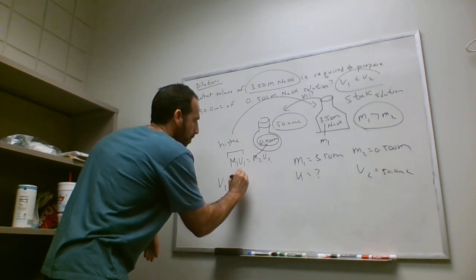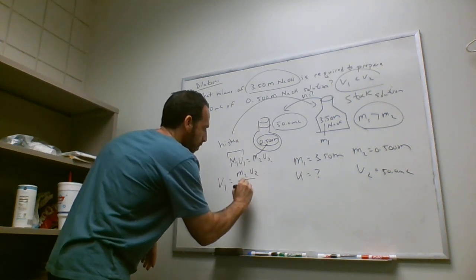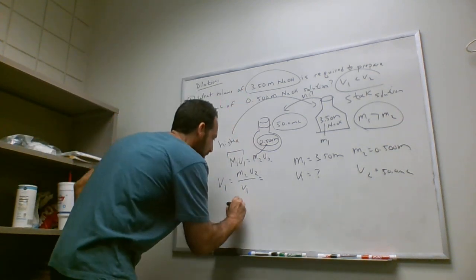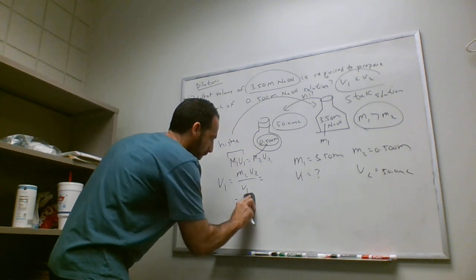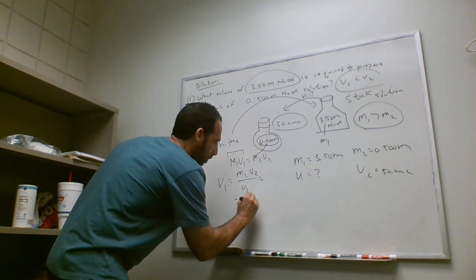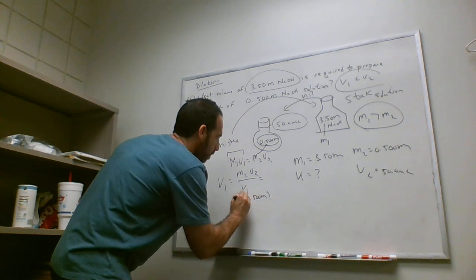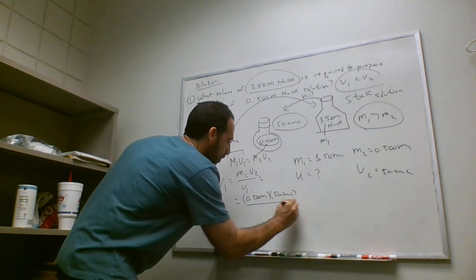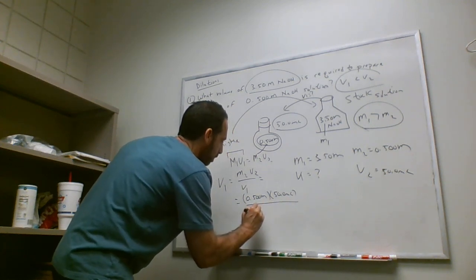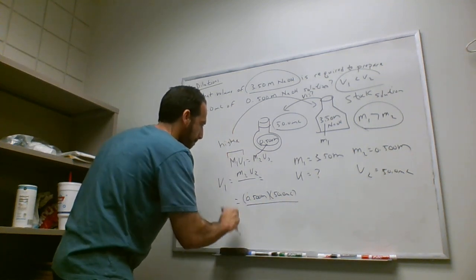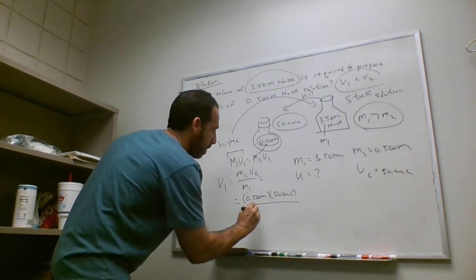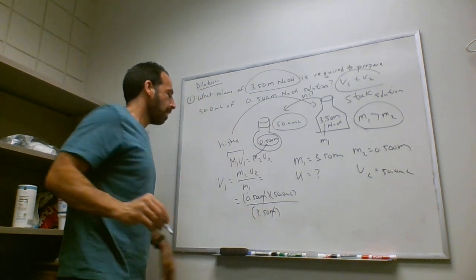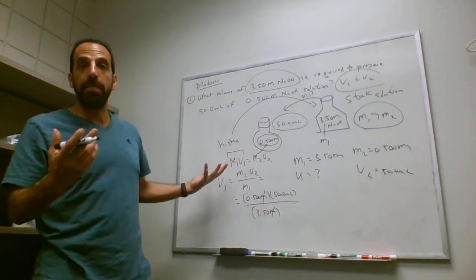So V1 is M2 V2 over M1. Sorry about that.